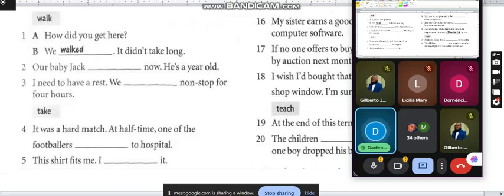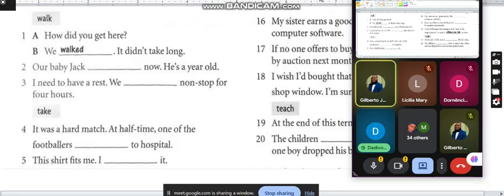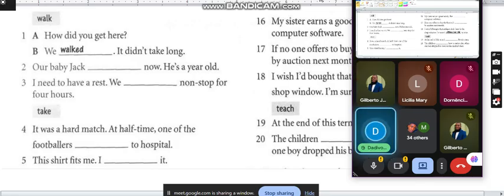Because we use the present continuous to talk about actions that are taking place, in progress. Therefore, I as well choose present continuous.